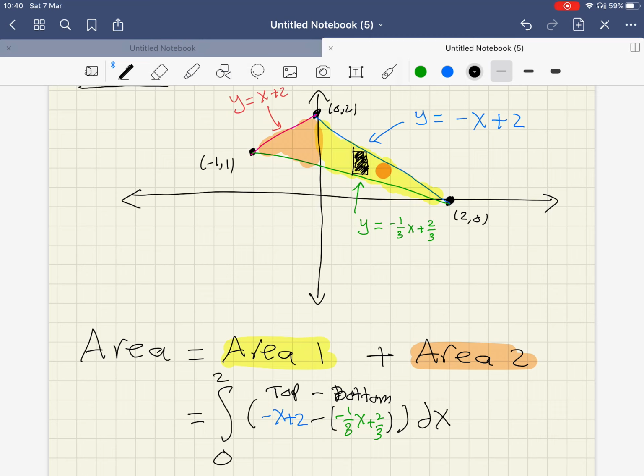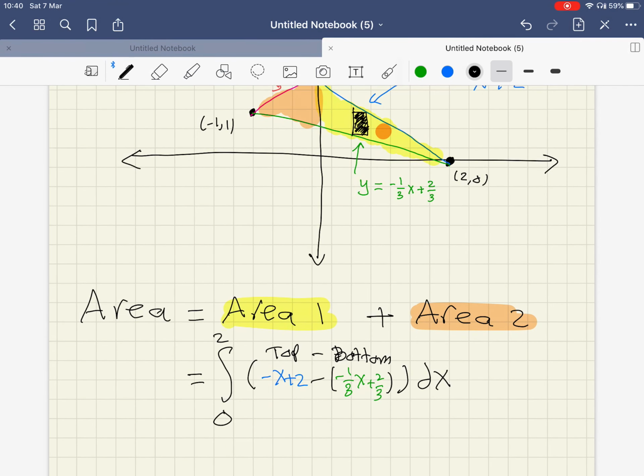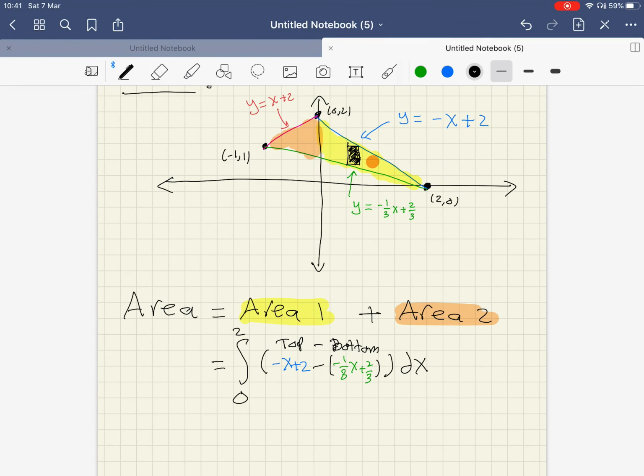Of course, we are not done yet because we need to do the same thing for the second one. So this should be plus another integration, another rectangle, another top, another bottom. Now, what is the top of the new rectangle up here? It is the red function, minus the green function as usual.